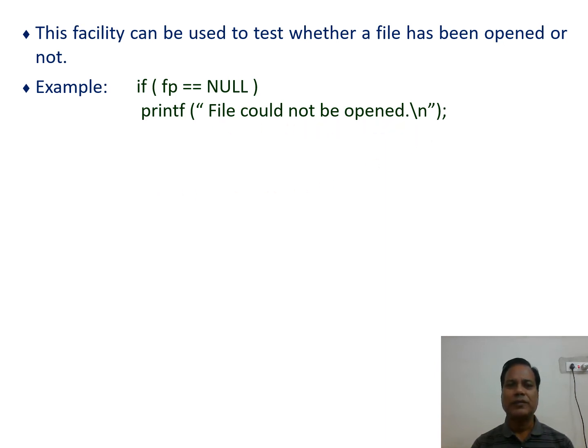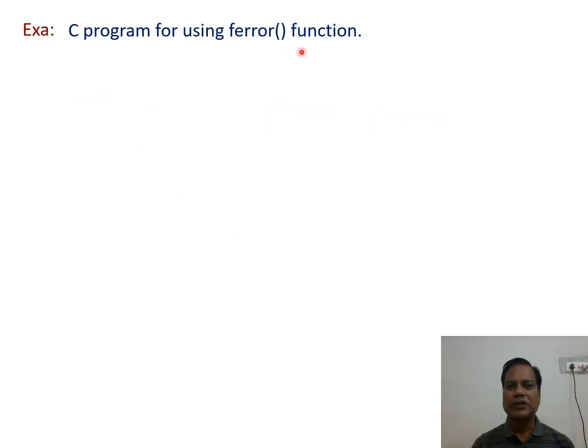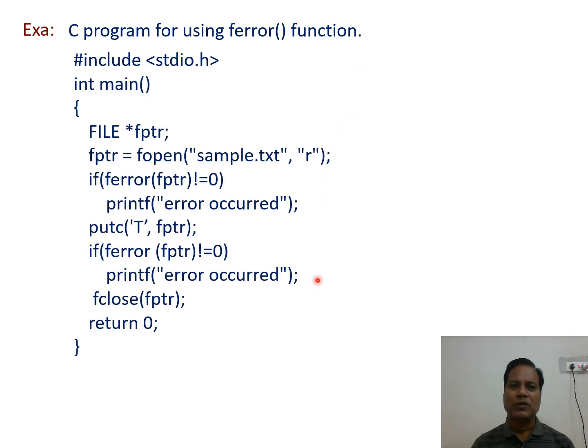Now let us discuss an example program using the ferror function. The program is like this one. The first statement of the main function declares the file pointer fptr. Then fptr equal to fopen("sample.txt", "r"). The sample.txt file is opened in the read mode, and information about this is assigned to the file pointer fptr.